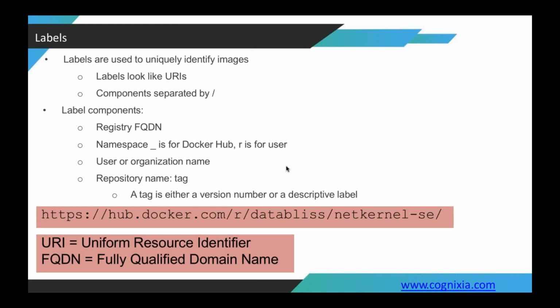Next, you can apply labels on your Docker containers. The labels are basically the URI. URI means Uniform Resource Identifier. These are basically the fully qualified domain names. So you can apply the labels onto your Docker containers, and then you can refer to all the containers with those labels.